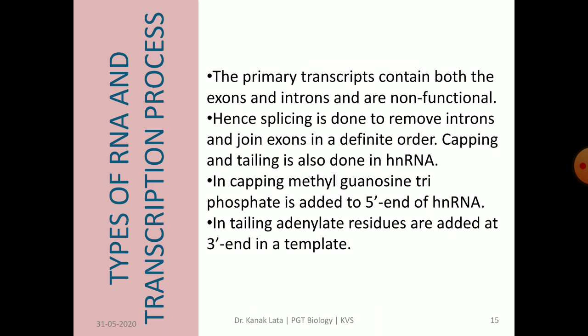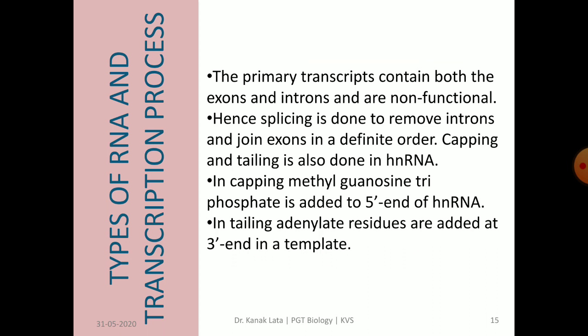With the help of these 3 types of RNA polymerase enzymes, primary transcripts are formed, which contain both exon and intron, of which the introns are non-functional. As previously we have discussed about split genes, the primary transcripts contain both exon and intron.